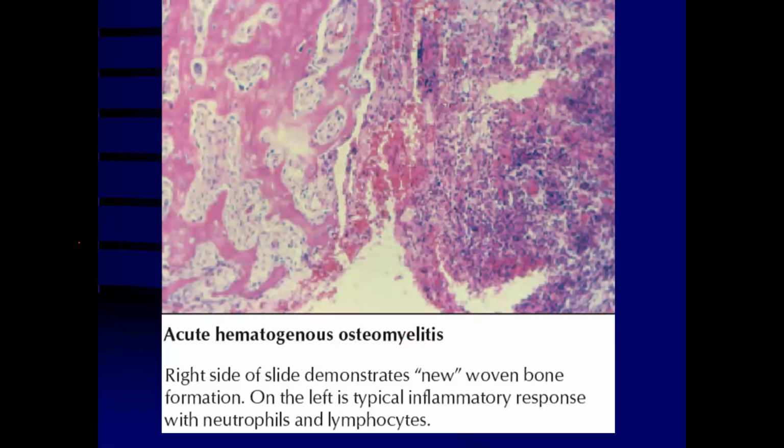You should know the difference in acute hematogenous osteomyelitis. If you look at the cells on the right-hand side, you see the inflammatory process, while on the left-hand side, you see bone and callus and trabecular formation, which is the normal bone.